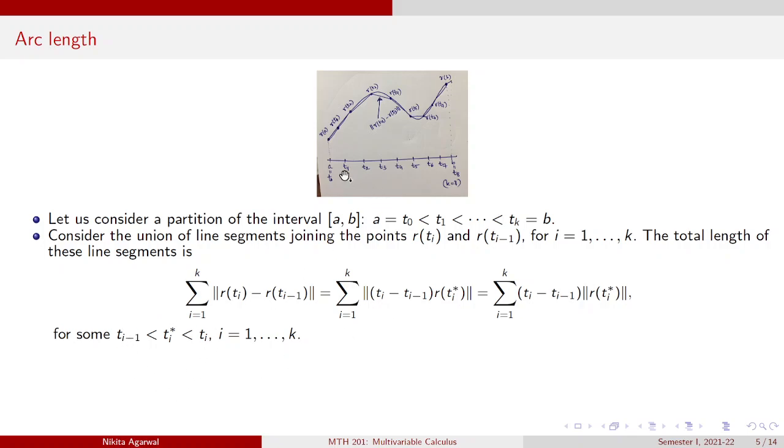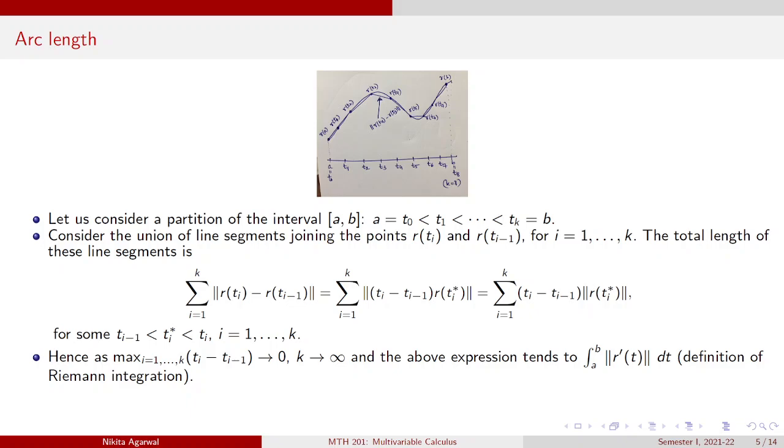So on each interval, you have a point ti* coming from the mean value theorem. But now ti minus ti-1 is positive, so it can come out as it is, and then you have the norm of this. Therefore the total length of these line segments is the expression on the extreme right.